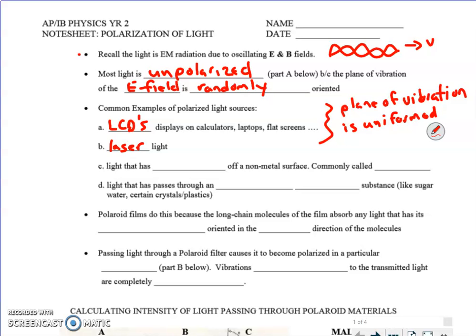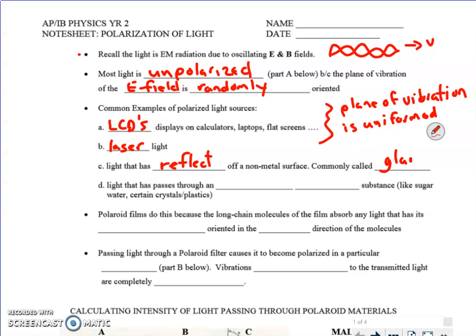Another way you can polarize light, and this comes from unpolarized light, is when unpolarized light strikes a surface and reflects. So take sunlight. Sunlight is unpolarized. However, in certain cases, when it hits a non-metal surface, especially water, the light that reflects off is polarized.